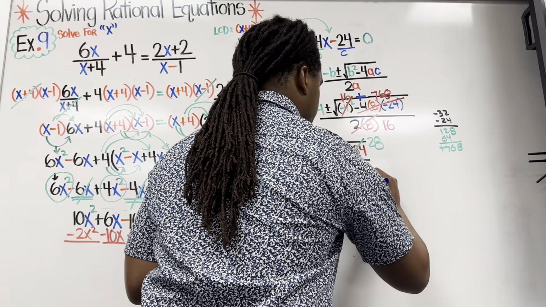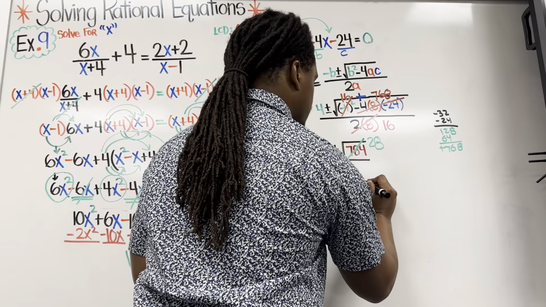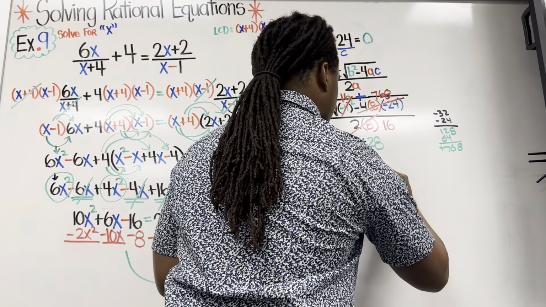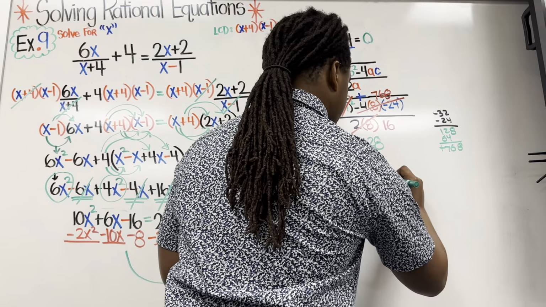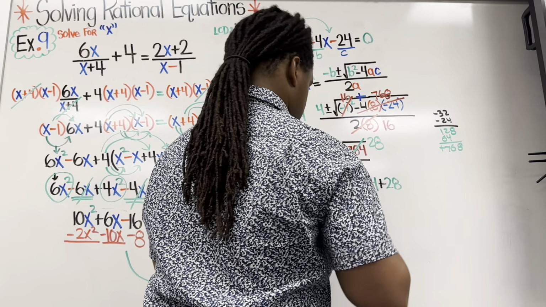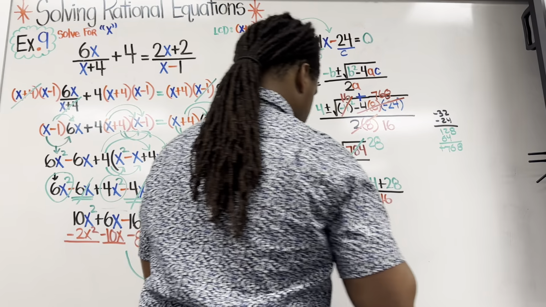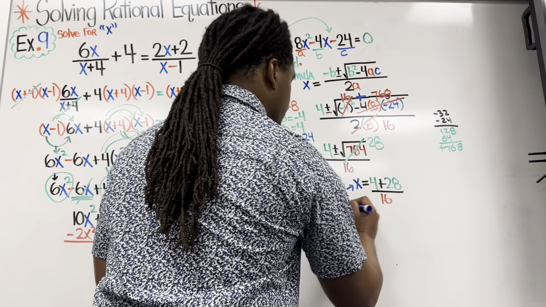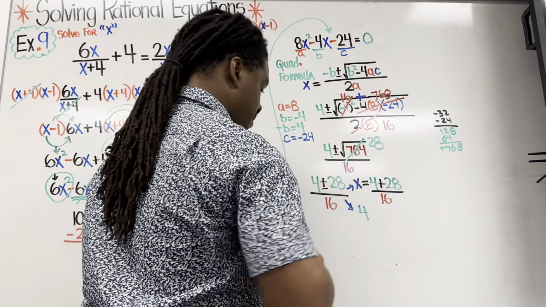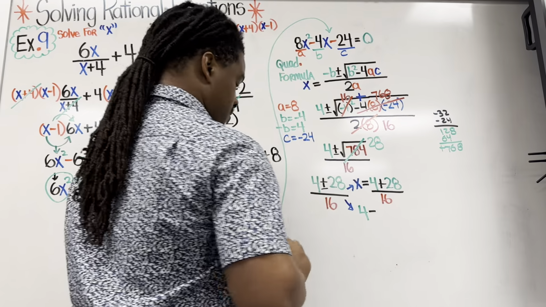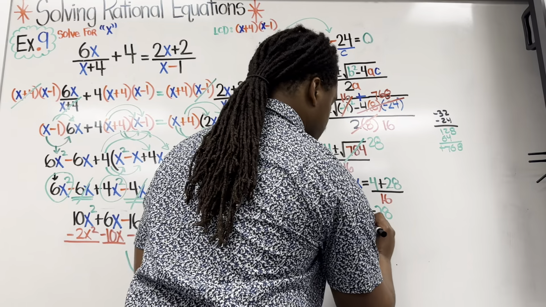Let's start with the first one. x equals 4 plus 28 divided by 16, and down here, 4 minus 28 divided by 16.